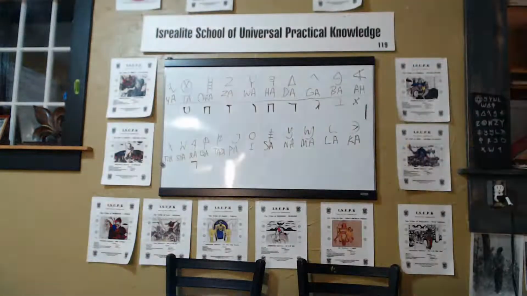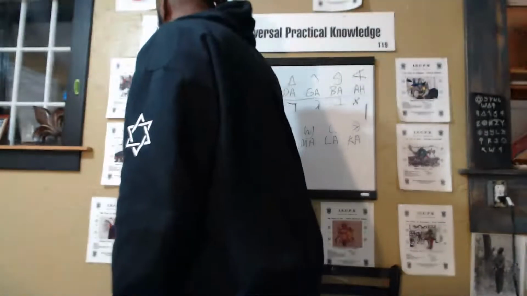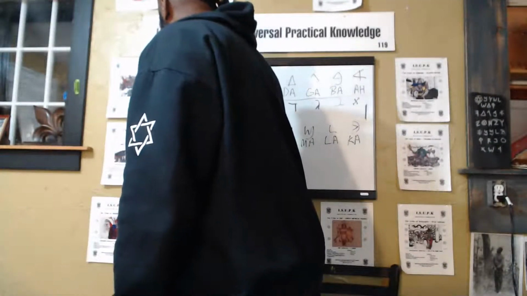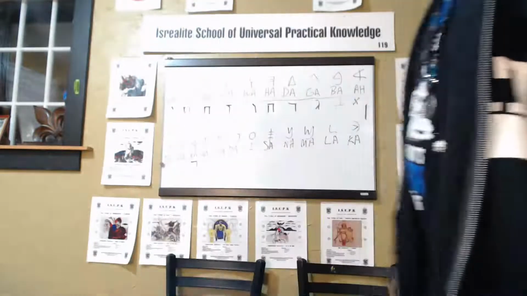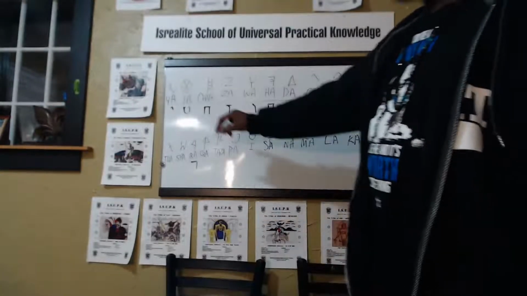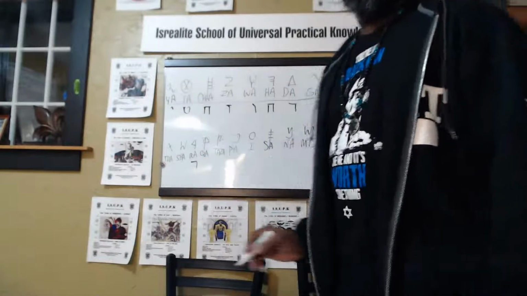That's the ta. That's the ya. The ya is much shorter than all the rest of the characters. It's like a little hook up at the top.